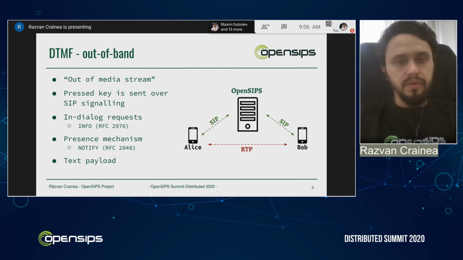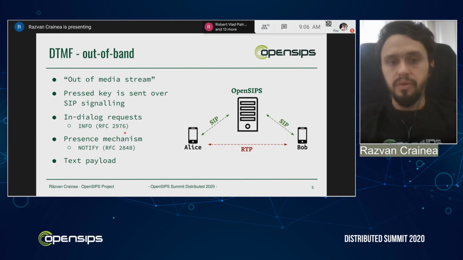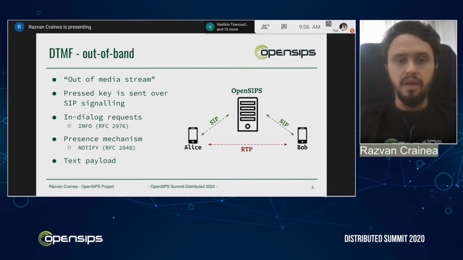There are two ways of doing this SIP-wise. One is the in-dialog request, so basically triggering an INFO message inside the dialog. That's RFC 2976. Or you can also use a presence mechanism where a phone registers for a specific event saying, hey, when Alice presses this key, notify me.